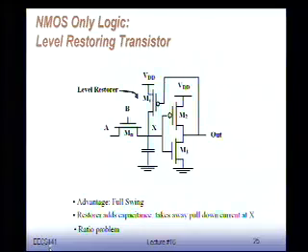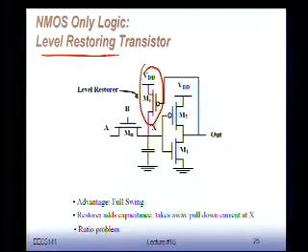So you have your complex NMOS network with all your switches in sequence, and then you have this buffer, this inverter. What I'm going to do is add one more transistor in here. It's a PMOS device, and we call it a level restoring device, or very often also a bleeding transistor.